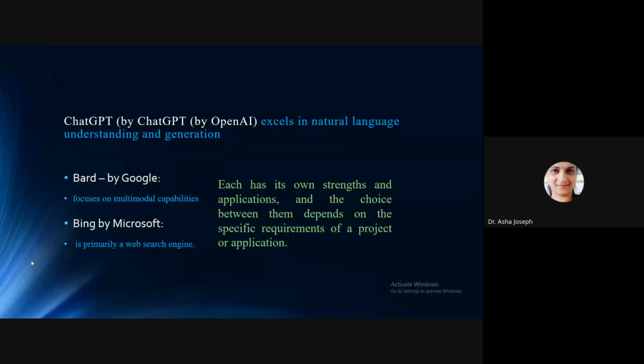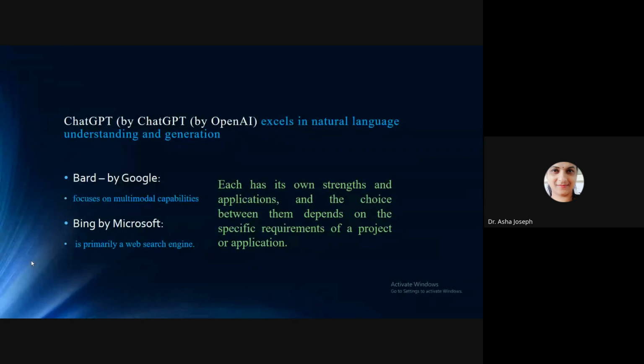While you have Bard, that is by Google. Google has not provided the specific details about the architecture of Bard, but mostly it is based on the transformer-based architecture, because Google already has a history with models like BERT and T5.